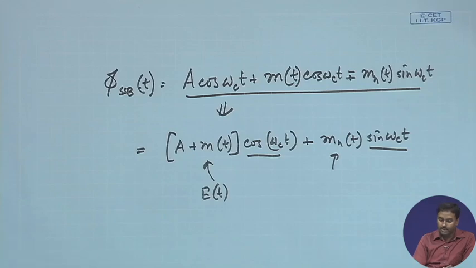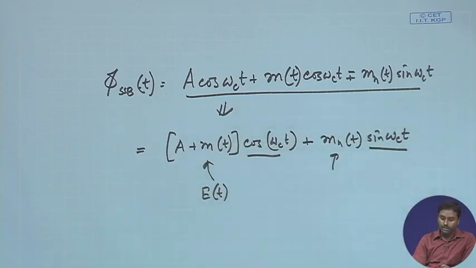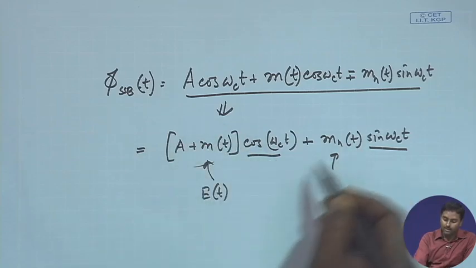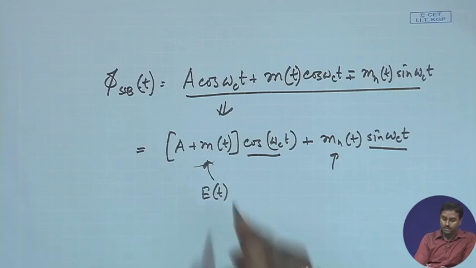I can write that way, and then immediately I will be getting another cosinusoidal term, of which the amplitude will be this square plus this square, right, means E squared(t).